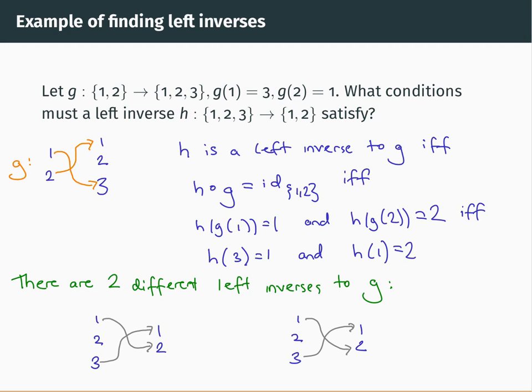But 2, on the other hand, there's no restriction on what your function does to that. You can send it any way you like. So you could send it to 1, or you could send it to 2. So again, if a function has a left inverse, it may have more than one different left inverse.